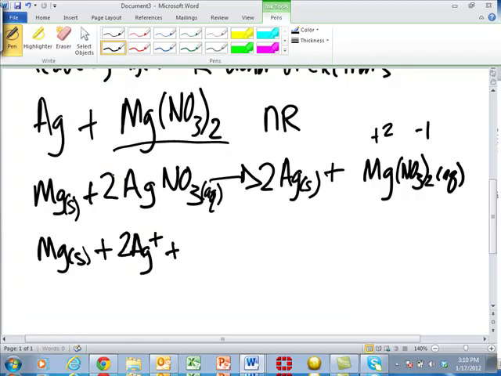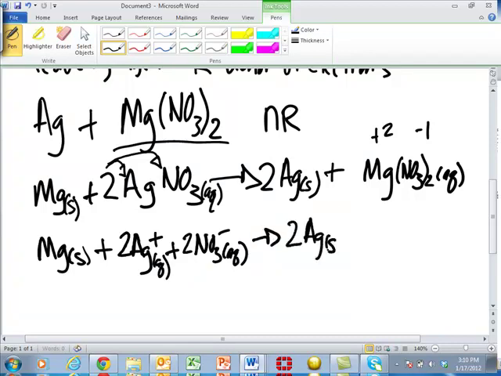And then we have the 2, which means we had 2 of both of these, but they're floating around in solution separately. So we have 2 silver, but we also have 2 nitrate. These are both aqueous. That yields on the right 2 silver, but now magnesium's got a charge because it's part of the compound.